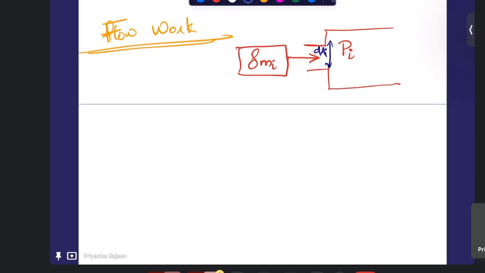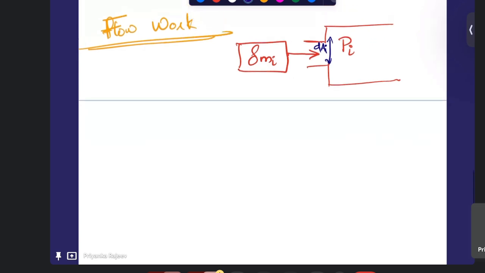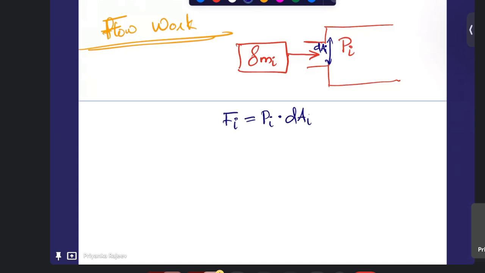It's the area of cross section. Now, if I want to make this element enter into the system without any acceleration, the net force should be 0. So what is the minimum force required to push this element into the system? That will be Fi, which is equal to Pi times dAi.